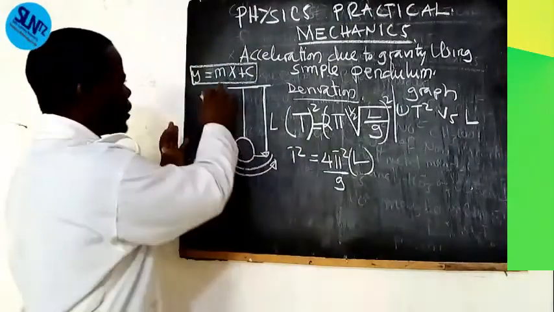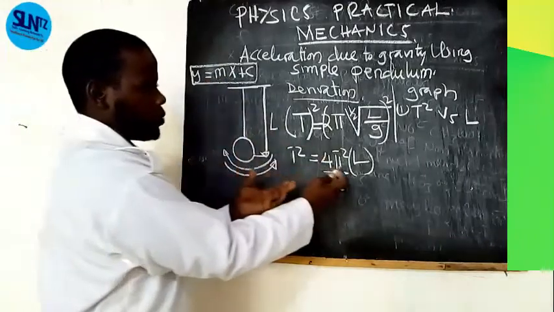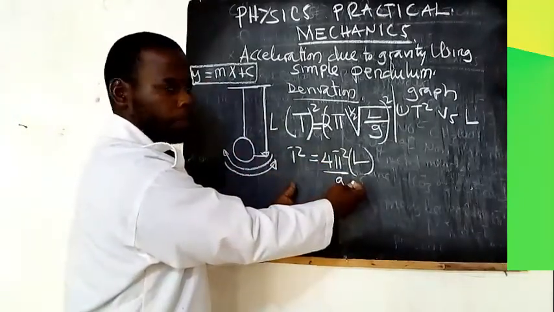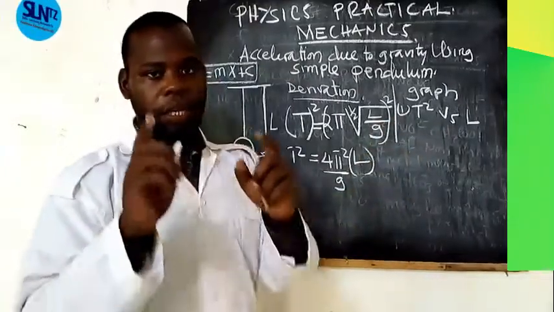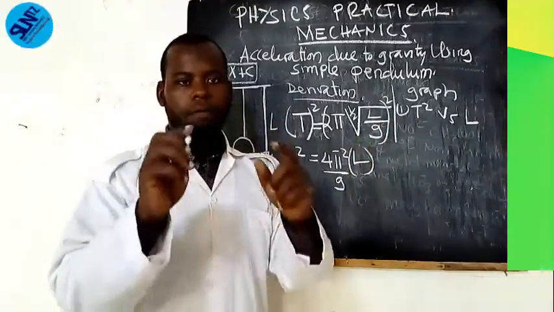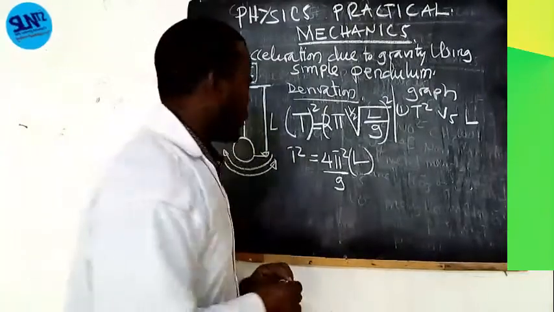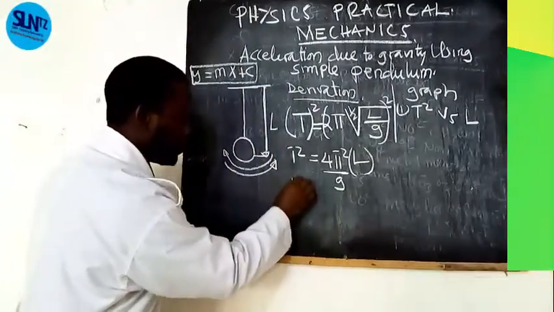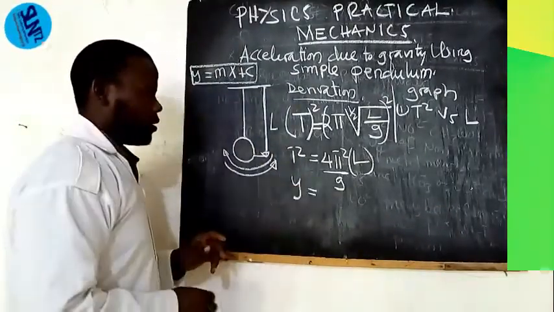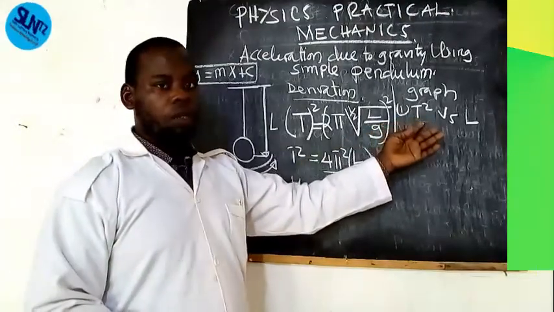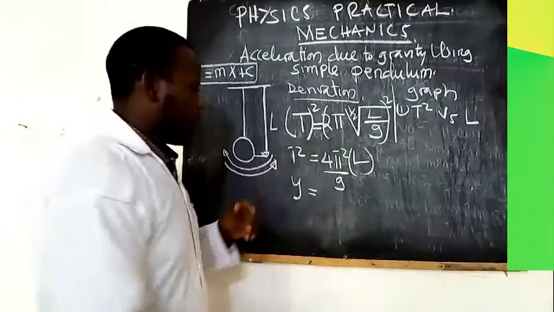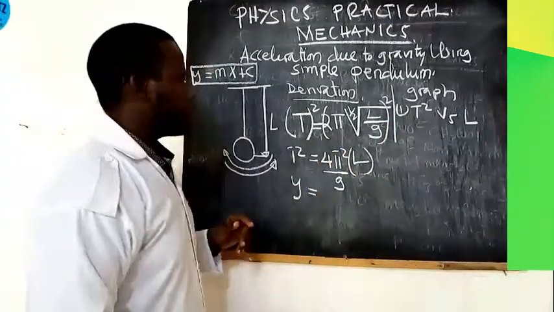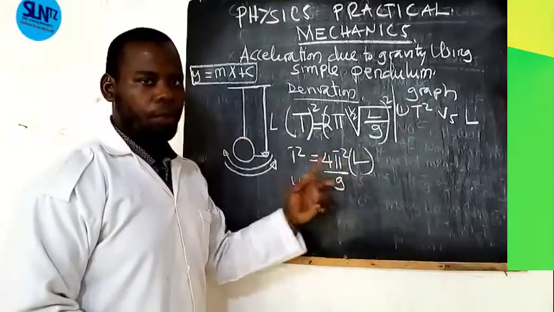So you have to rearrange this one to reach here, and at the end you will see the nature of your graph. When I put this one, y is the y-axis, T squared, and the x-axis is length or L.